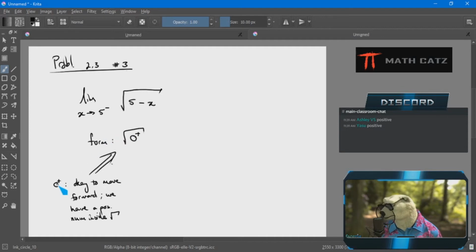Okay, so I need to check that the behavior I'm checking, the x values that I'm investigating, getting closer to 5, always a little less, so 4.9, 4.99, and so on, creates a number inside the square root that I can actually work with. So it has to be positive. And it is. Okay, so that's good. However, looking at this square root, in its basic form, I have the square root of something extremely close to 0.